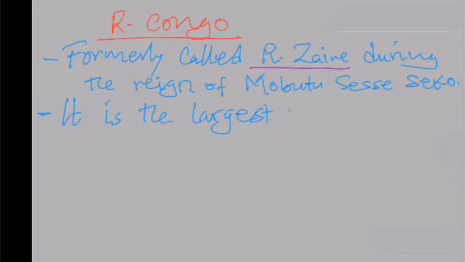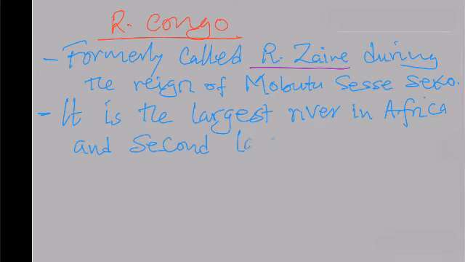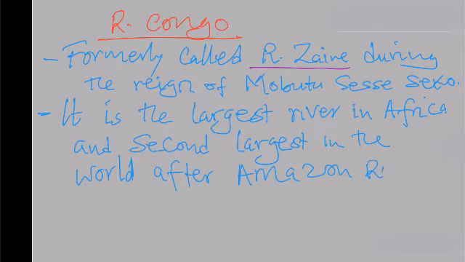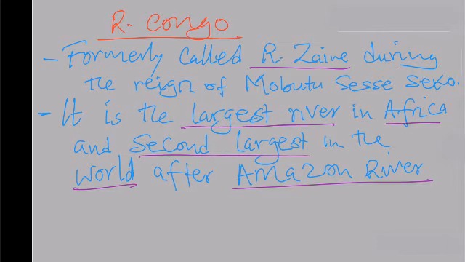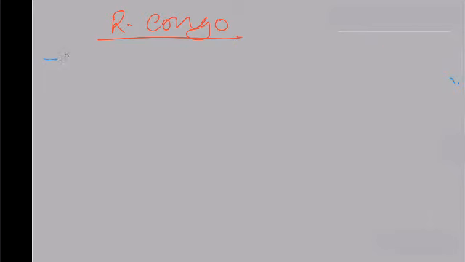River Congo is known to be the largest river in Africa and second largest in the world after Amazon River, by the volume of water that it holds. Congo River has the largest volume of water.